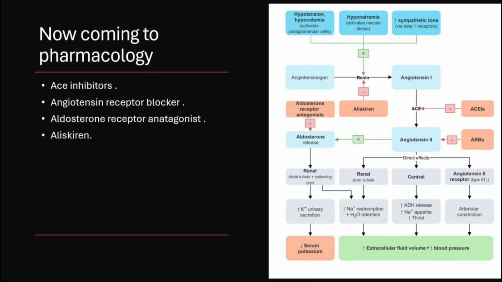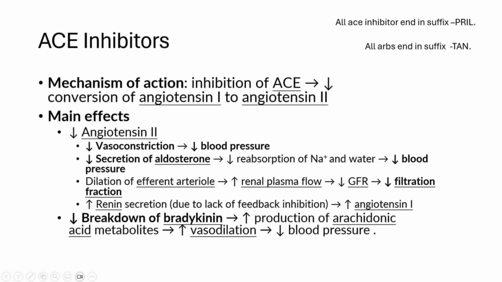Now in the case of hypertension, we give ACE inhibitors, ARBs, that is the angiotensin receptor blockers, and renin inhibitors. And rarely we give aldosterone receptor antagonists to cause inhibition of these respective enzymes and therefore reduce hypertension, or the high BP. Now coming to the mechanism of action of ACE inhibitors.